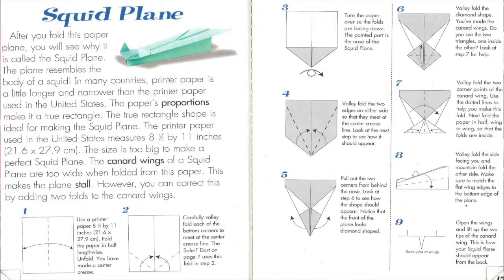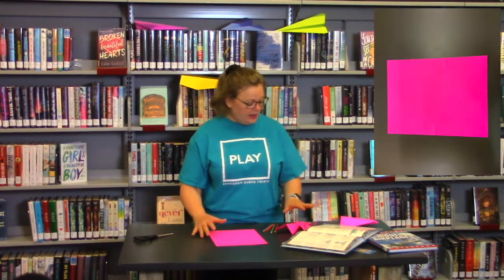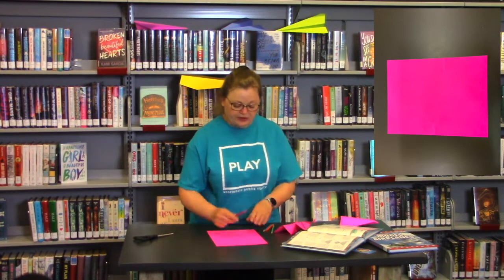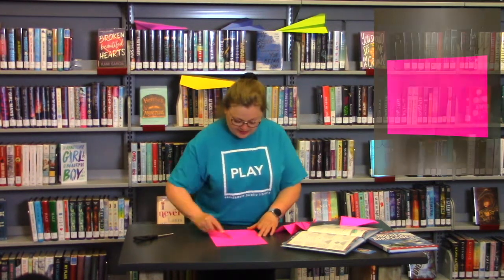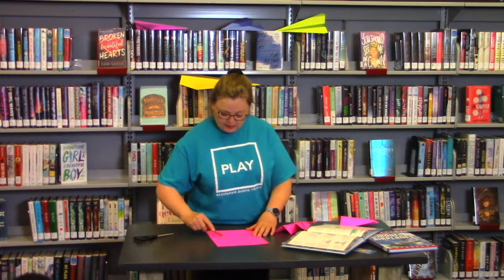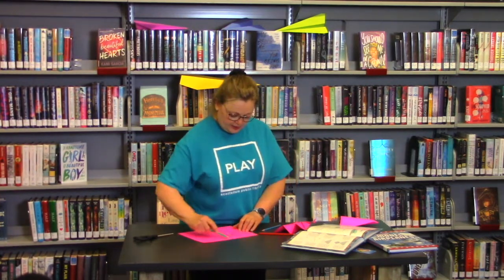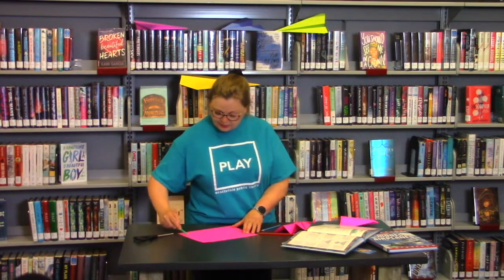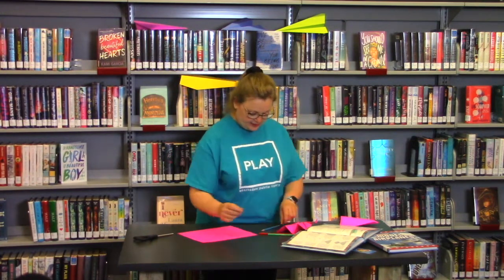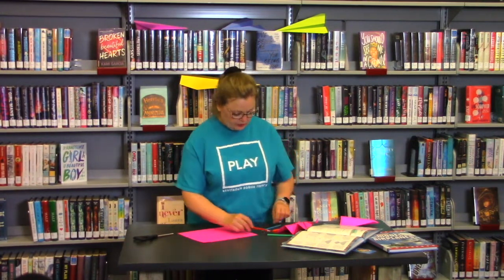Okay, so we start off with a regular piece of 8.5 by 11 copy paper. And I'm going to color one side because it helps when you're flipping the piece of paper over. You can refer to the colored side versus the blank side. It's just a trick I like to do.